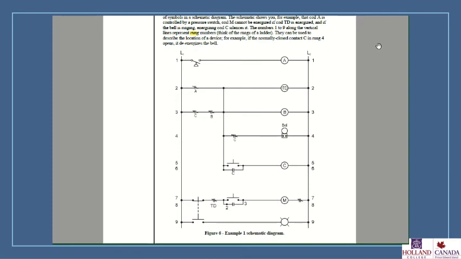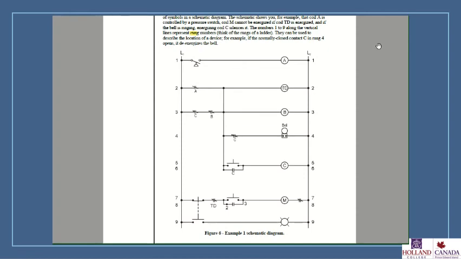All contacts are identified as to the relay or contactor coil responsible for their operation. All splices are indicated with a dot or a node. The normally closed contacts between the M coil and L2 are considered to be overload contacts unless otherwise indicated.